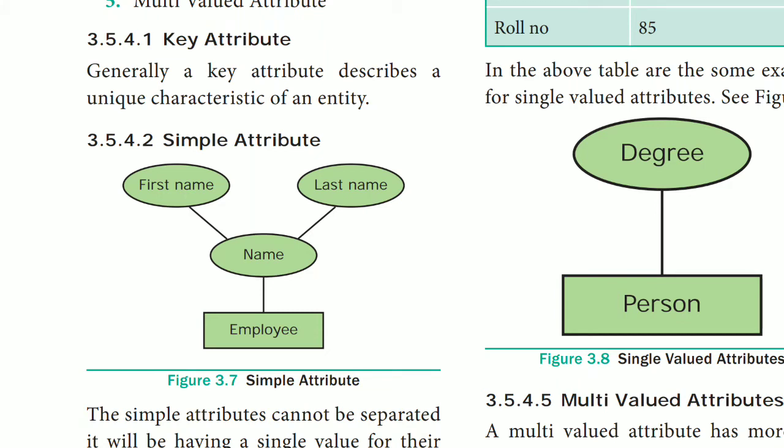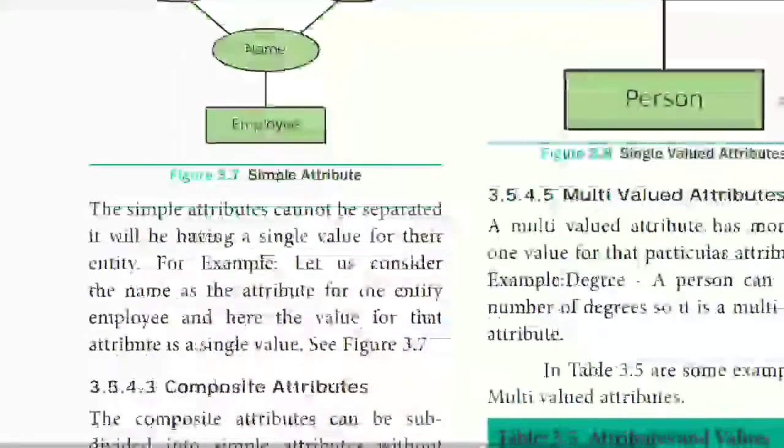So name, first name and last name are the attributes of employee. Likewise, in the student database you can see that student name is a database attribute, and in which standard he or she is studying is an attribute. These are some attributes available in our example.